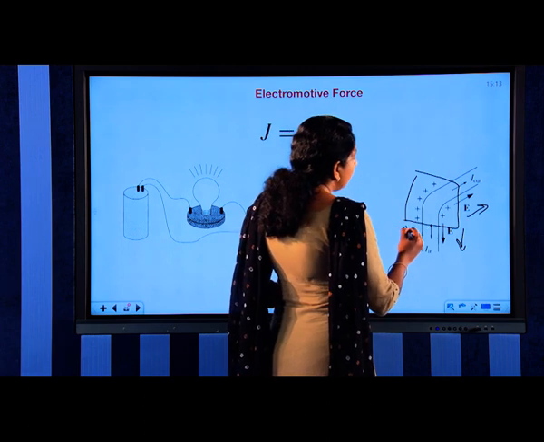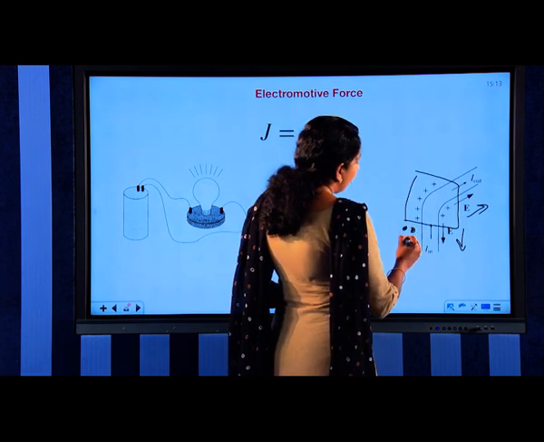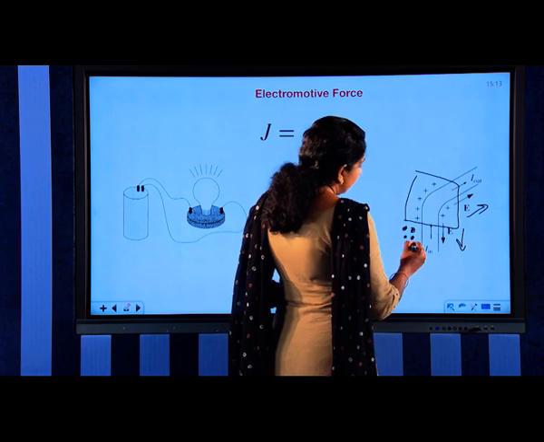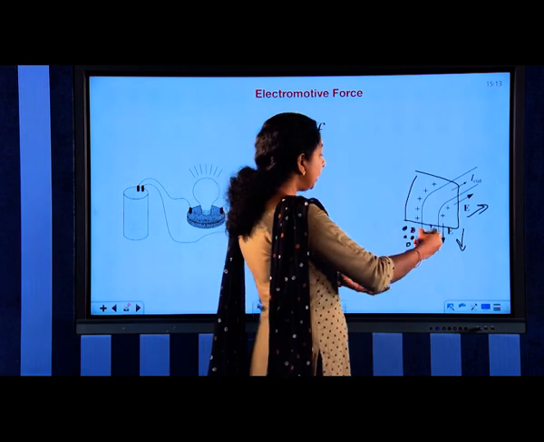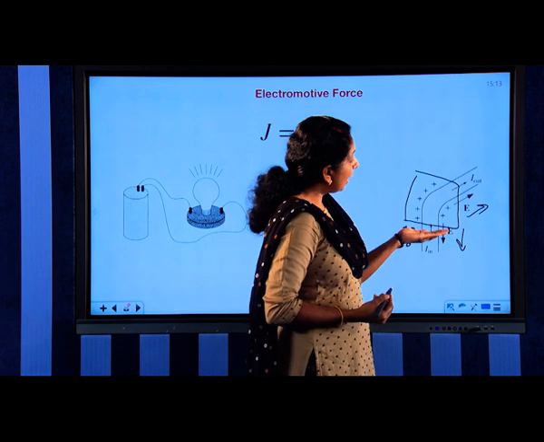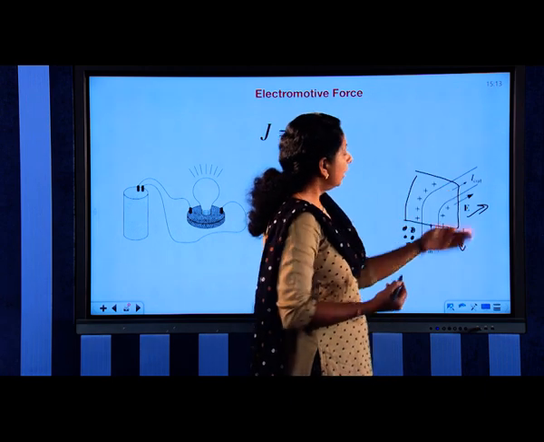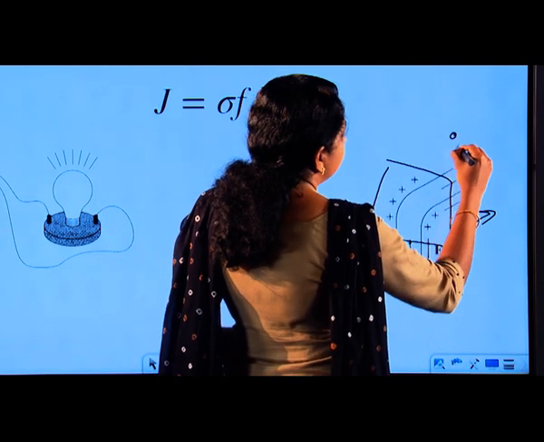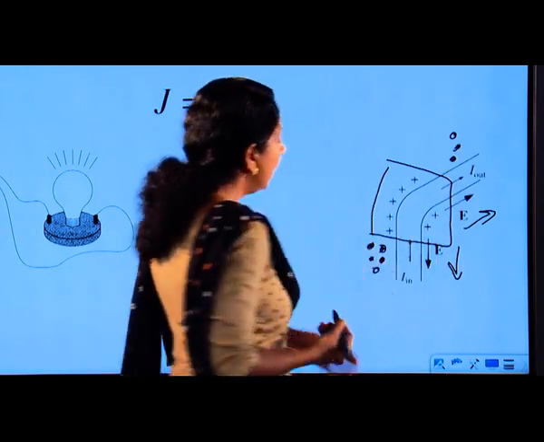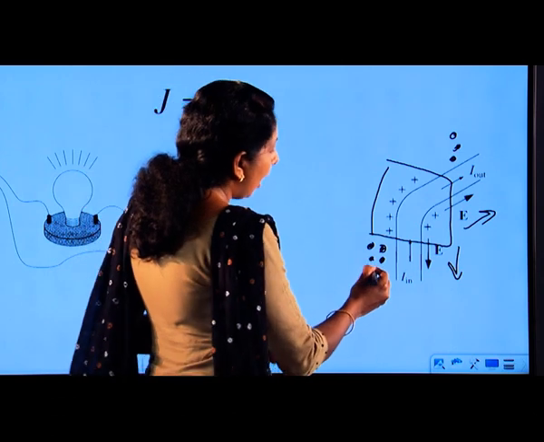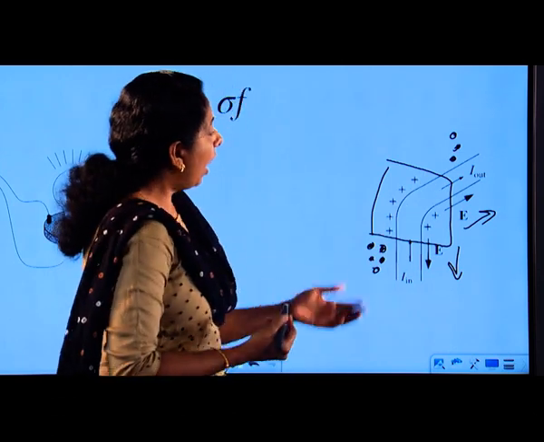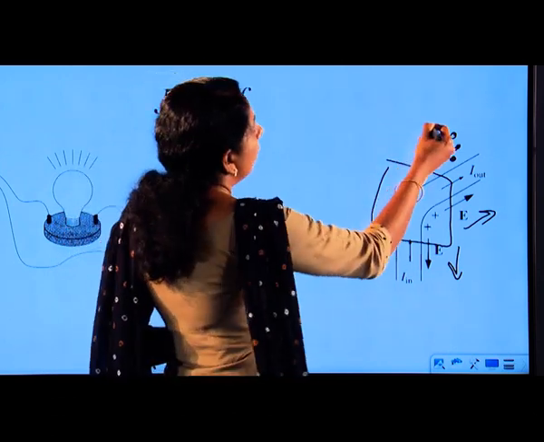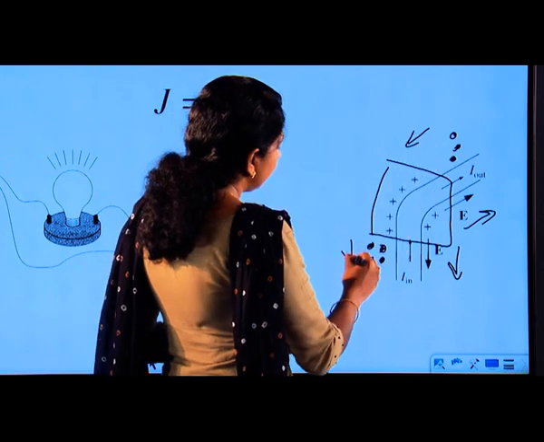Suppose 5 electrons are moving out, and we have taken the assumption that current flowing in is more than current flowing out. That means here fewer electrons are flowing out. Suppose here 5 electrons are there and here 3 electrons are there, and both are moving in this direction.